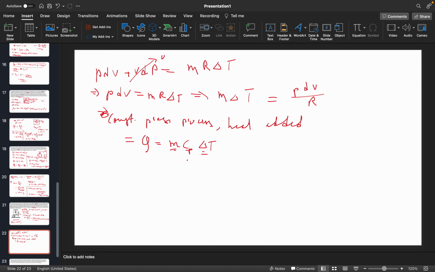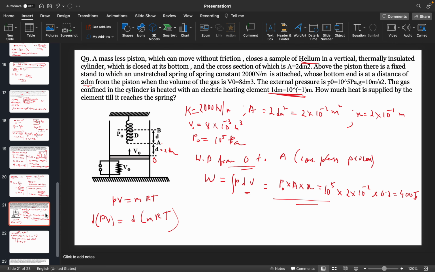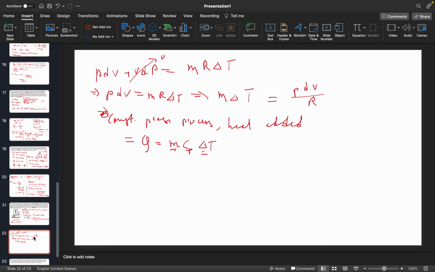Now our main task is Cp, because if in the question helium's Cp value was given, then it is already good, but you will get a formula. I actually forgot what was the formula. I think it was Cp is equal to (n by 2 plus 1) into R for any gas, where n is the number of degrees of freedom.